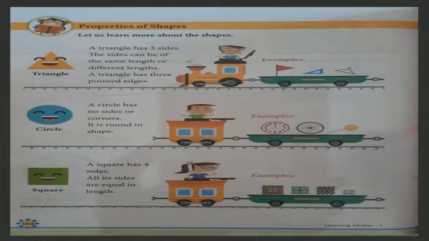Some examples of square are carrom board, chessboard, handkerchief. Yes, these are the examples of square. So, now tell me, all of you understood the properties of triangle, circle and square? Okay, very good.